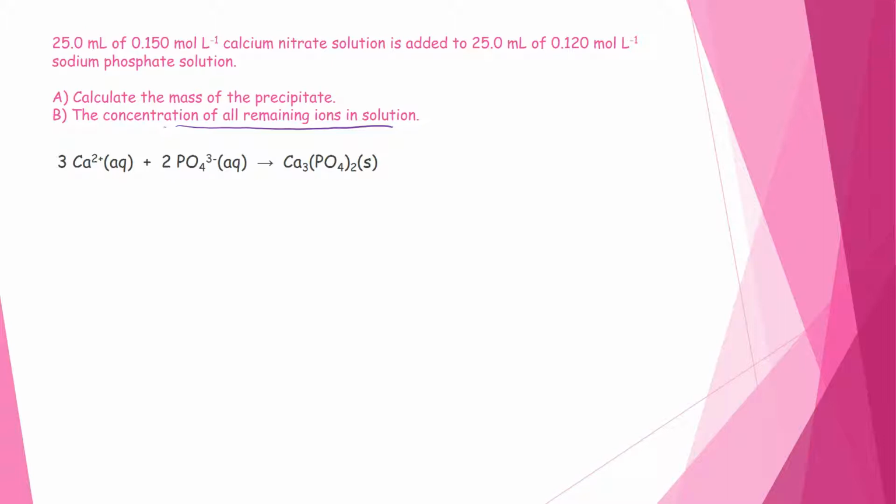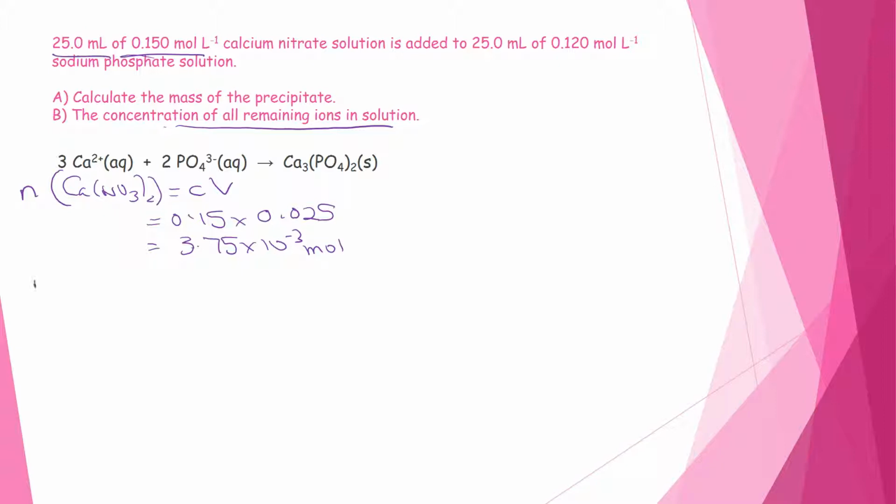So let's get started. We're going to start by finding the number of moles of calcium nitrate, and that is equal to CV. Our concentration is 0.15 and our volume is 25 mL. Remember, all volumes have to be in litres. And this comes out to be 3.75 by 10 to the negative 3 moles.